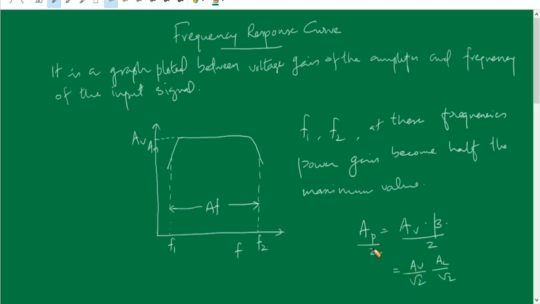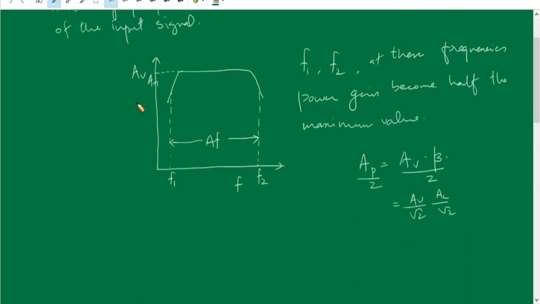So at upper cutoff frequency and lower cutoff frequency the voltage gain becomes 1 by root 2 times the maximum value AM. Actually this is AM divided by root 2, and the current gain divided by root 2. So at these frequencies it will become 1 by root 2 times AM. Okay, so this is the definition of upper cutoff frequency and lower cutoff frequency.